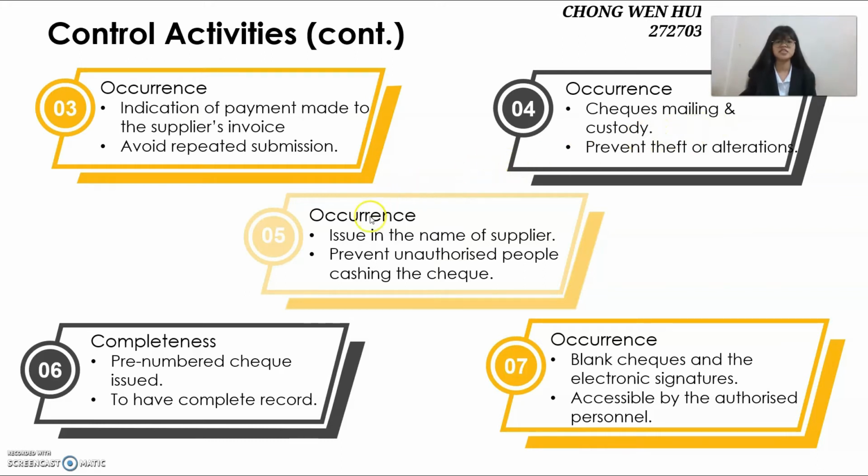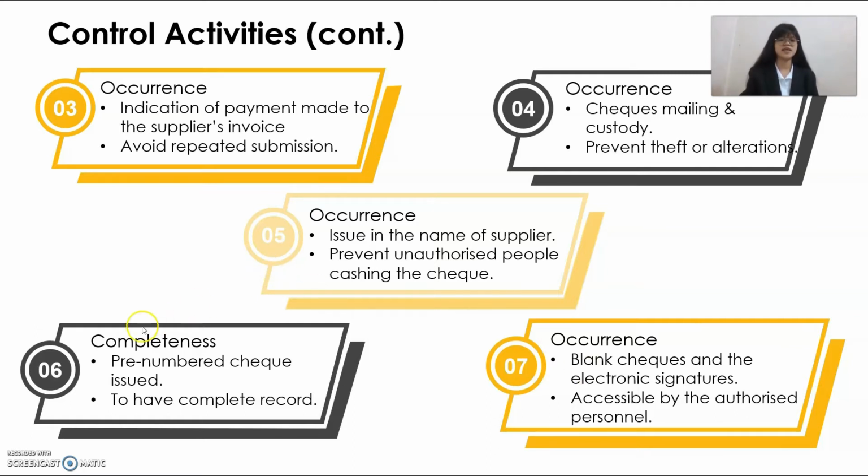In addition, the check will be issued in the name of the supplier and not payable to cash, to prevent unauthorized people from cashing the check. The last control activity to reach occurrence is that the entity will ensure that only authorized people have access to the blank checks and electronic signatures for security purposes.